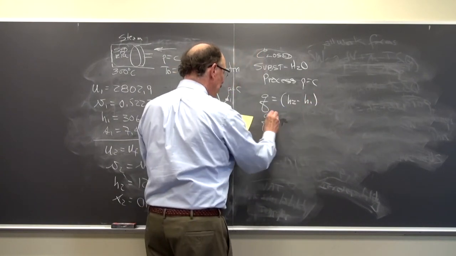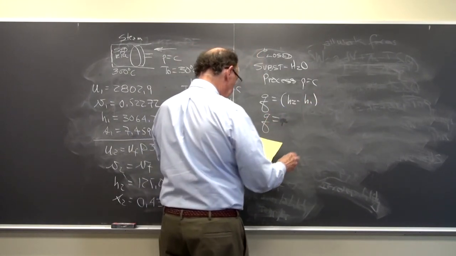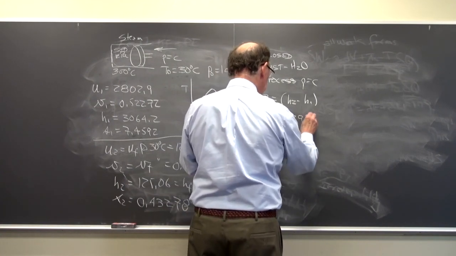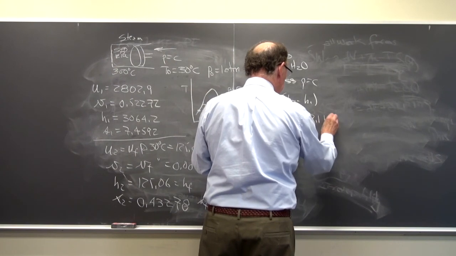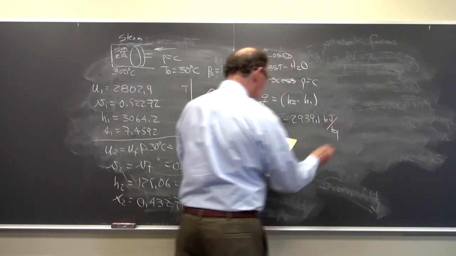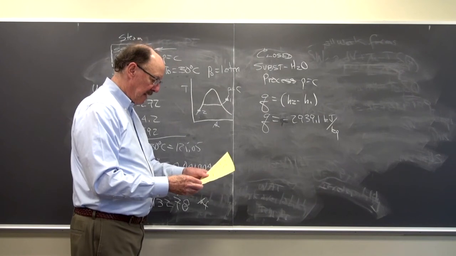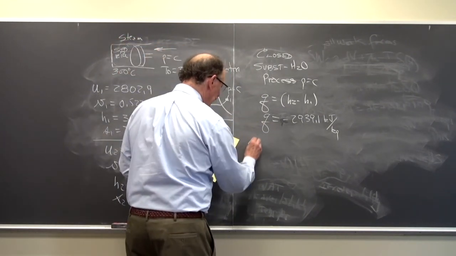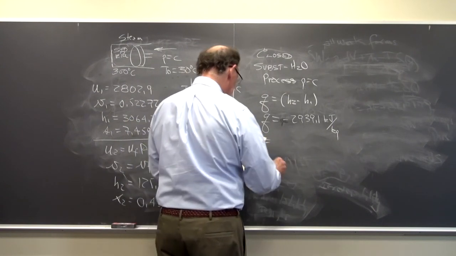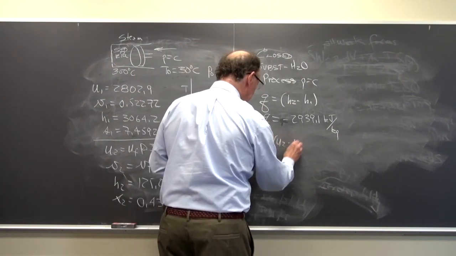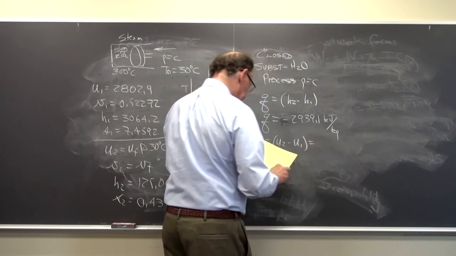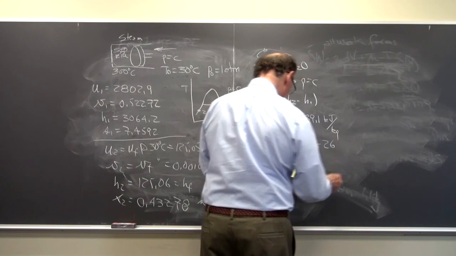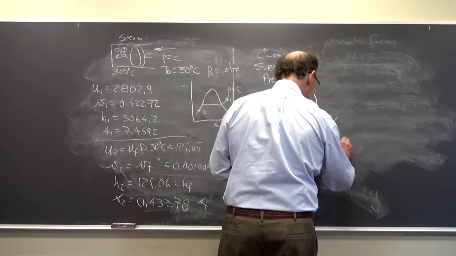So we can find Q is equal to minus 2939.1 kilojoules per kilogram. I can find the change of internal energy, delta U, is equal to U2 minus U1, and so that's equal to minus 2677.85.